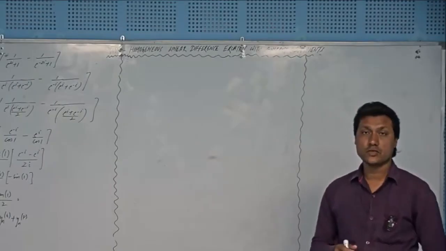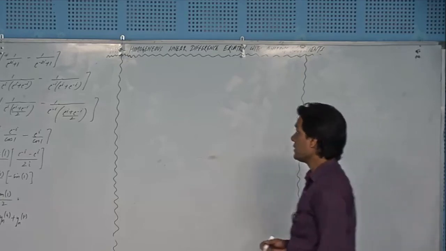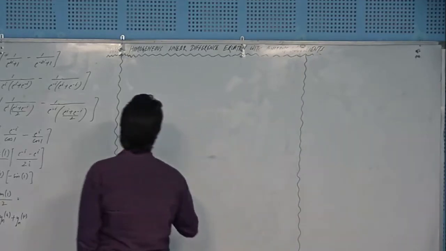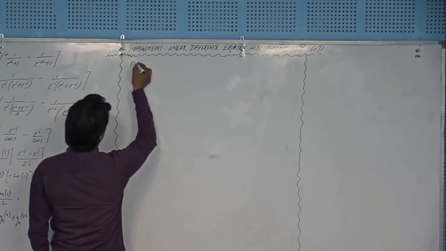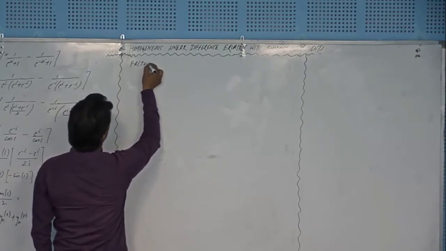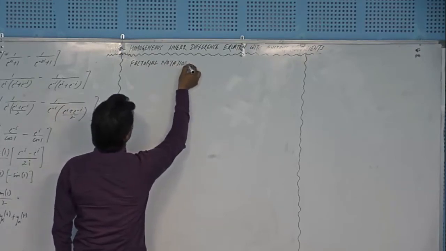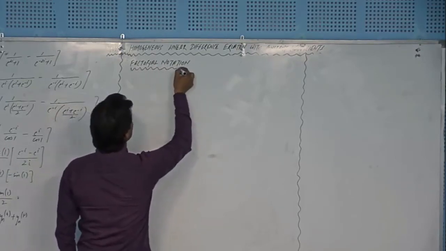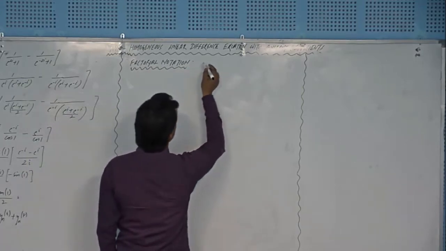What is the factorial notation for a polynomial? I will give some basic understanding of that thing before actually coming to case number 3. That is the factorial notation of a polynomial, right? So I will start with this thing.